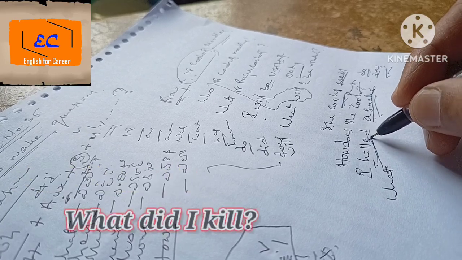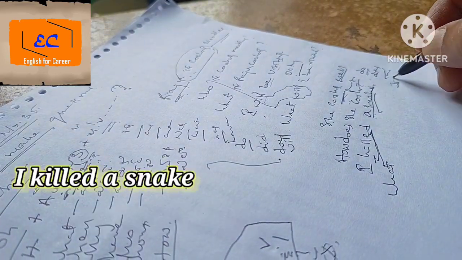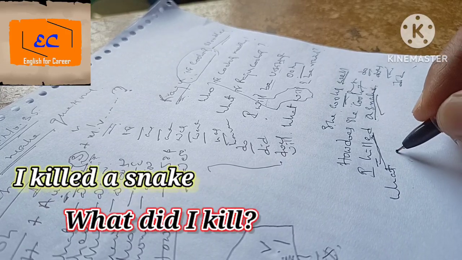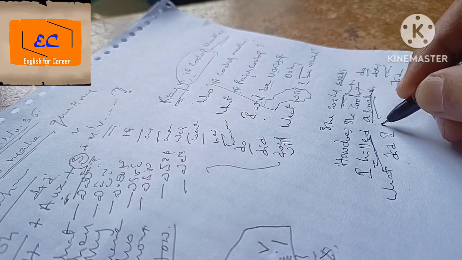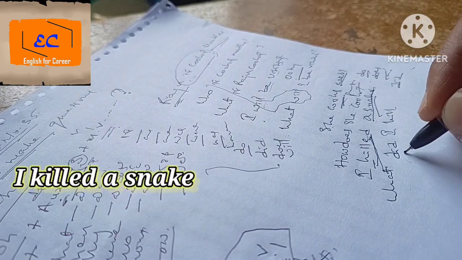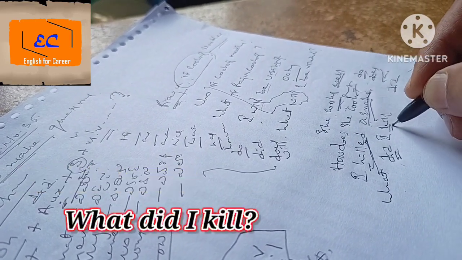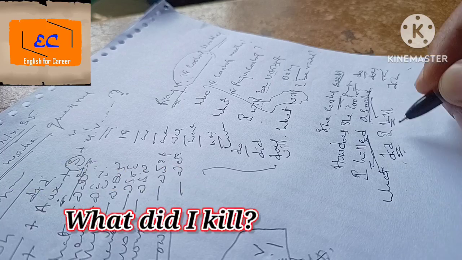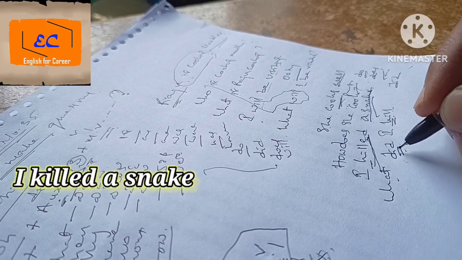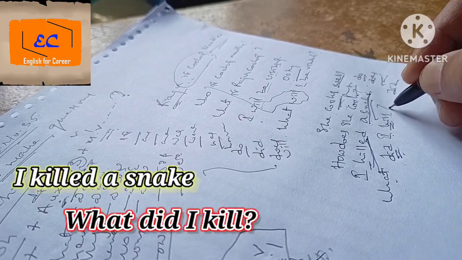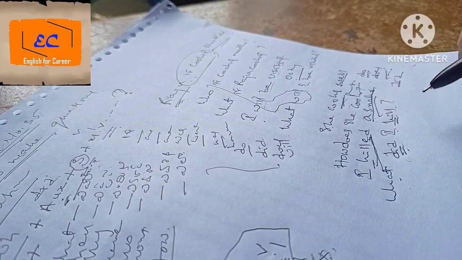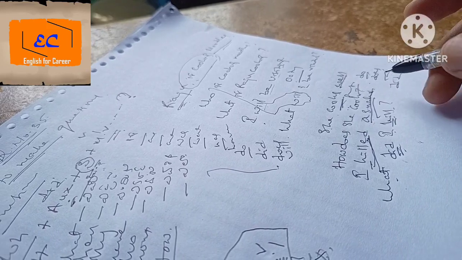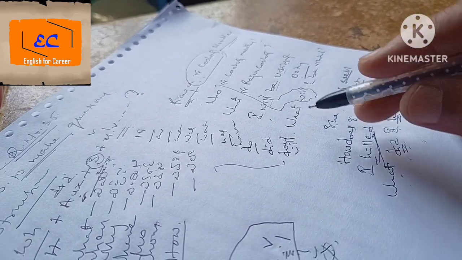Killed is past, so we take did. So what did I kill? Remember, did kill, not killed. What did I kill? Question mark. I killed a snake. That's it. So like this, you can prepare a question, and this is the format of a question.